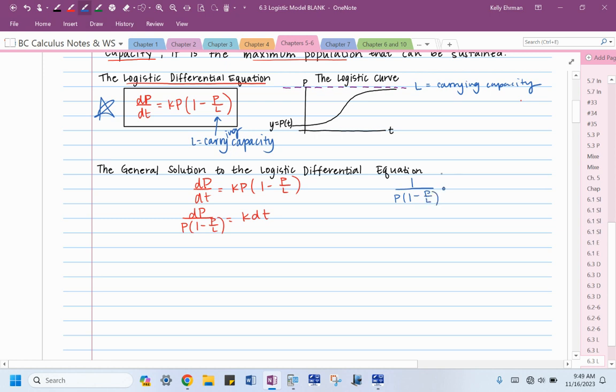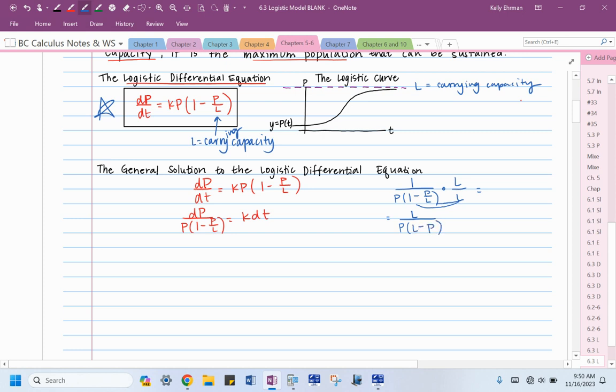So let's say we multiply by L over L. That makes this L on top. And then I'm going to distribute the L through here. So that makes this P times L minus P.